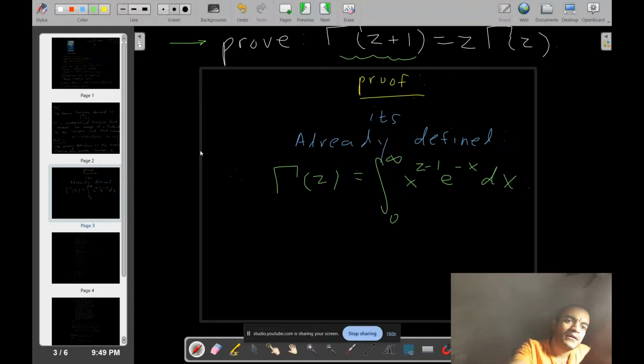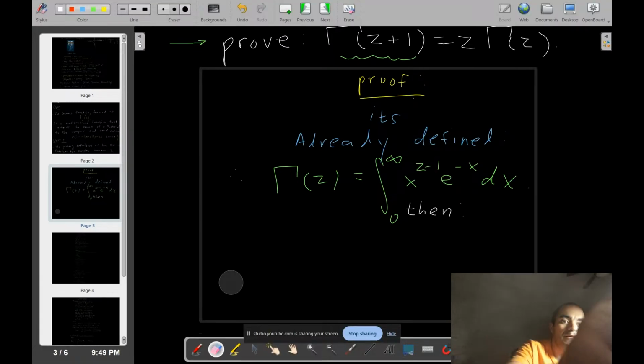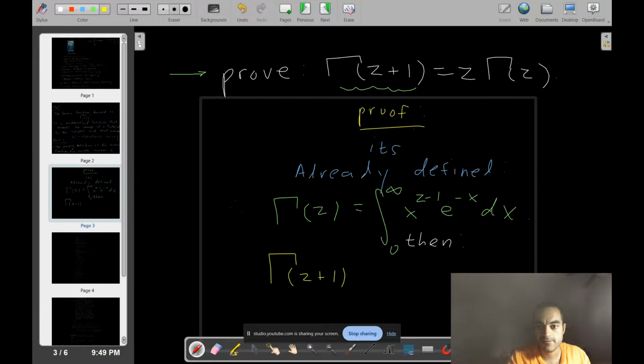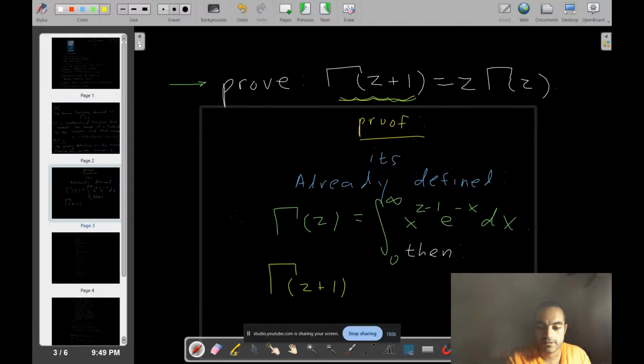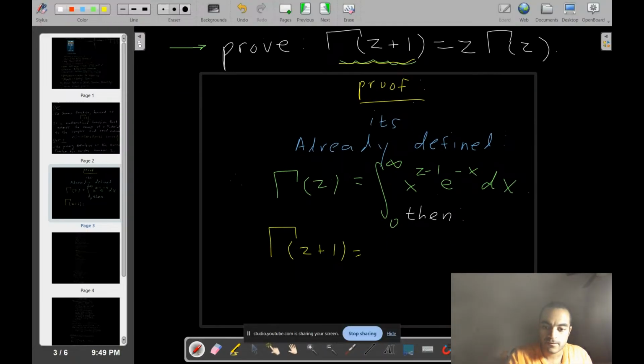Now, then I can say something about gamma of z plus 1. Actually, I'm going to make some room here. Obviously, I need an expression for gamma of z plus 1 because that's the left-hand side of the equation, right? So I'm rewriting the top integral.